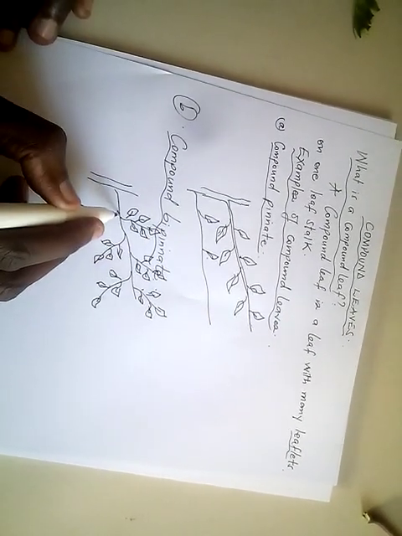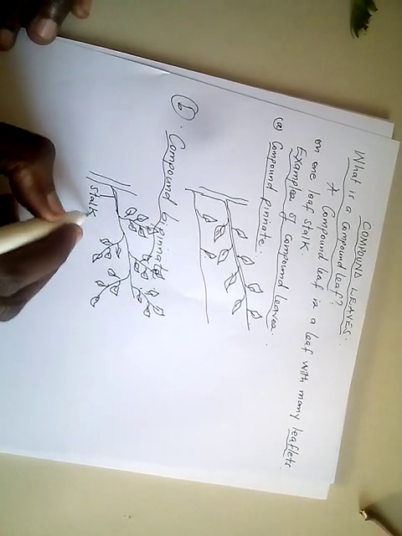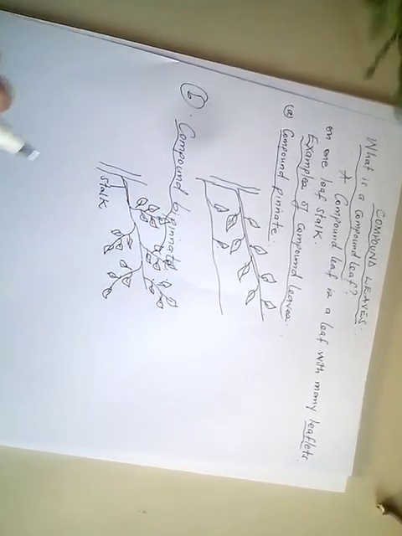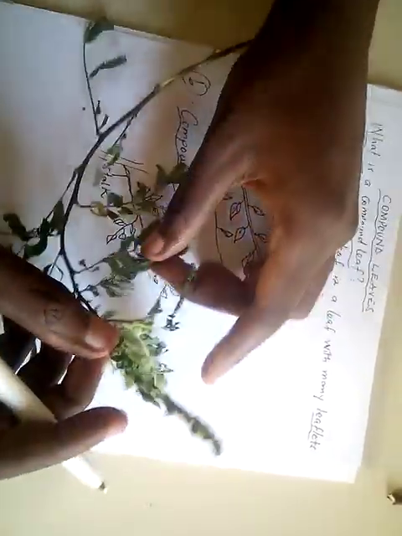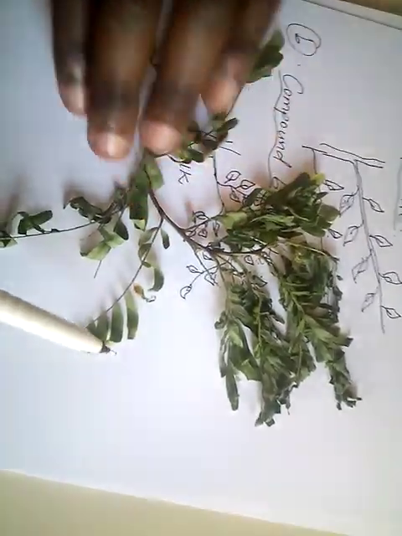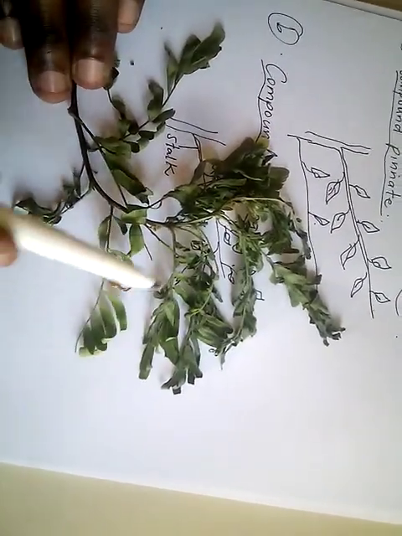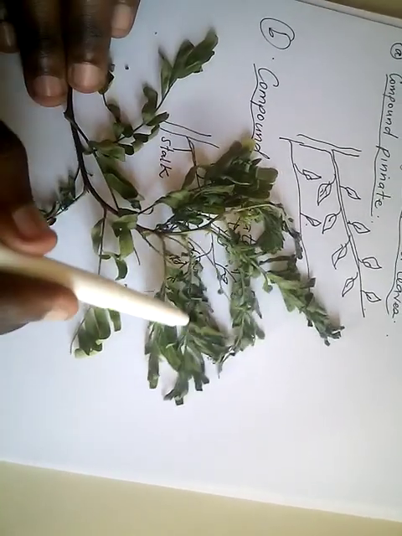So this one is a compound bipinnate leaf. All these leaflets are connected to this stalk. And this one is an illustration of a compound bipinnate leaf. It has somehow dried, but this is a very clear illustration. This is how it looks.